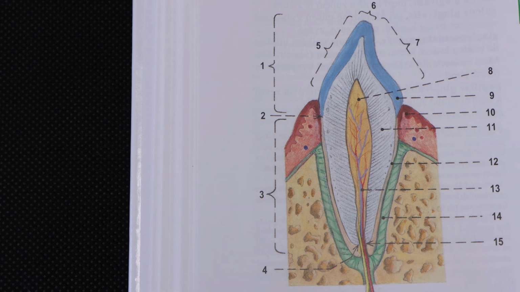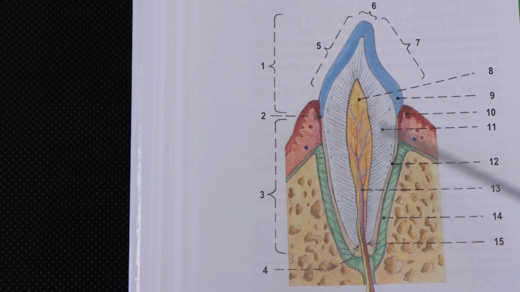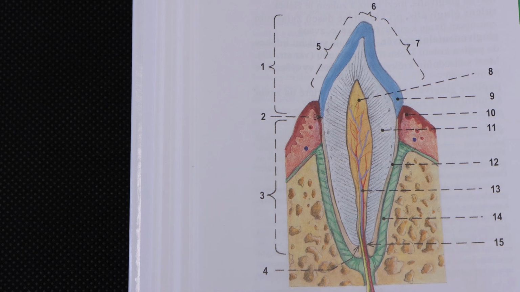The enamel is mostly whitish, and dentine is formed by the cells which are called odontoblasts. These odontoblasts are located usually near the pulp chamber, and they have extensions and processes which penetrate toward the dentine, and they are also covering the pulp chamber.